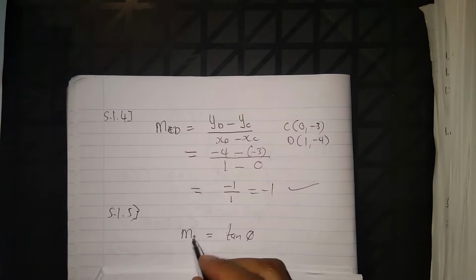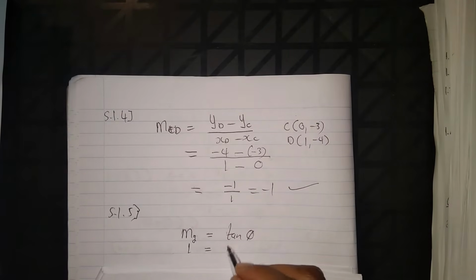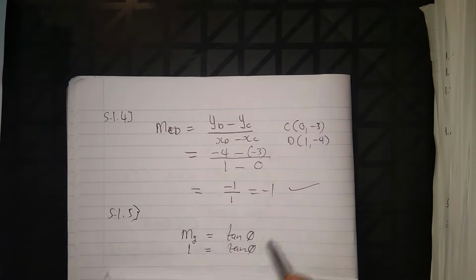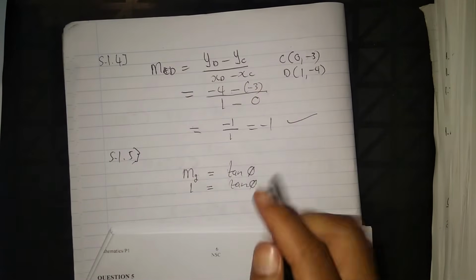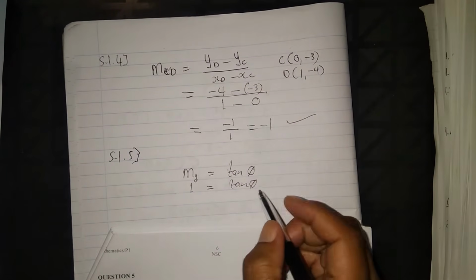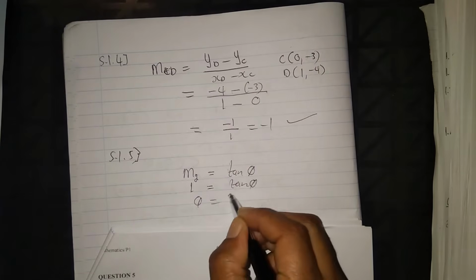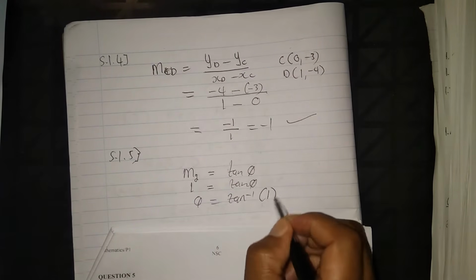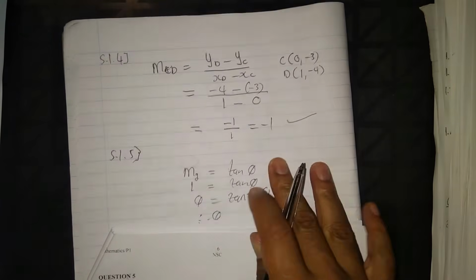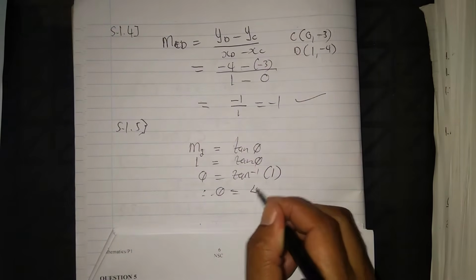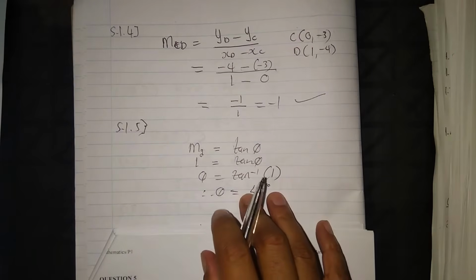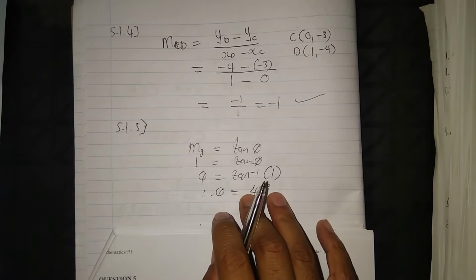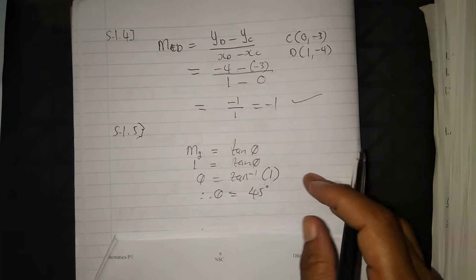So the gradient of g is 1, equal to tan theta. So theta is equal to inverse tan of 1. Therefore theta is equal to 45 degrees.